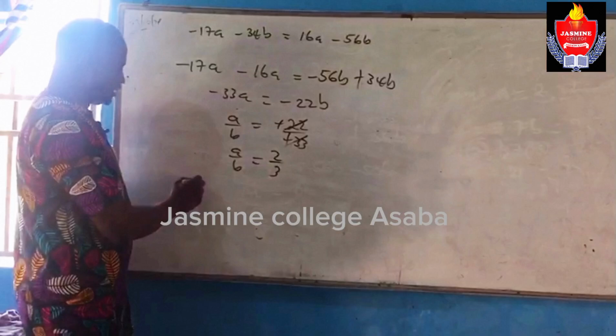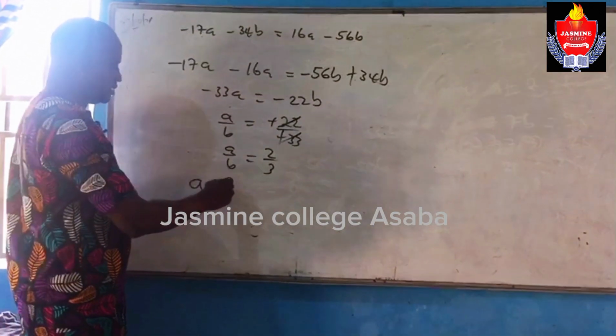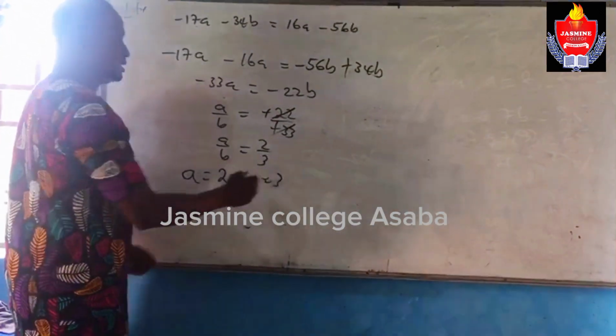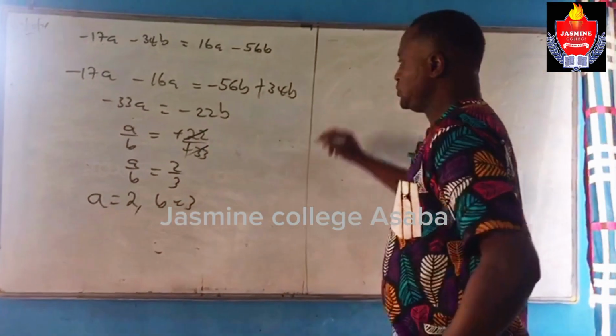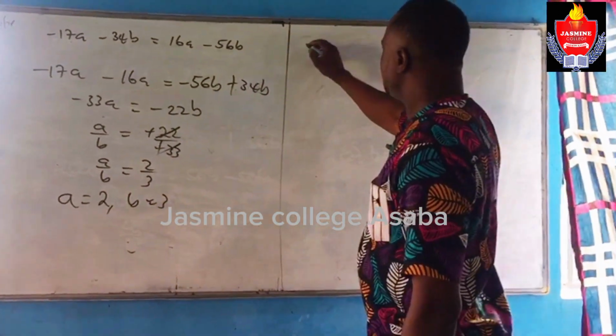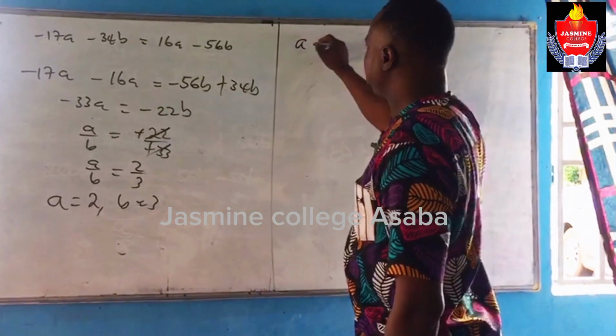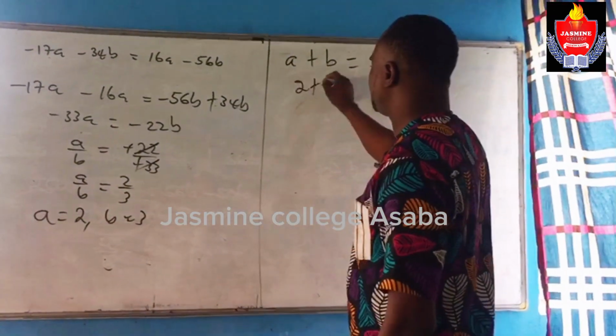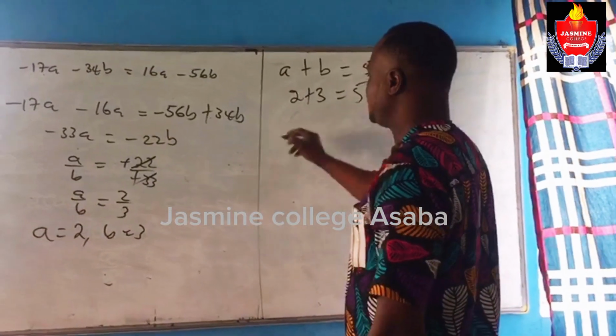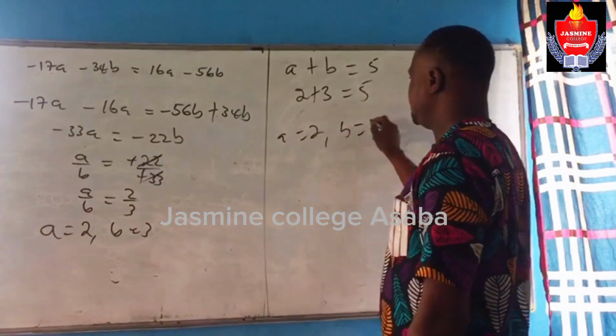And so evidently we can say that A is 2 and B is 3. So you will still need to test your equation. So you have A plus B can be 5. So from here you have 2 plus 3 giving 5. So evidently A is 2 and B is 3.